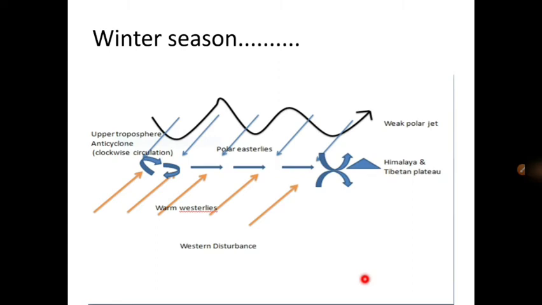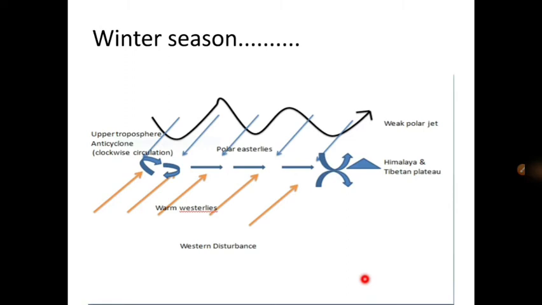So, the subtropical jet stream, which was earlier passing above the Indian subcontinent, begins to touch the Indian subcontinent, where it is bifurcated by the Himalaya and Tibetan Plateau into two branches. The first branch is positioned north of the Tibetan Plateau and the second branch is located south of the Tibetan Plateau.